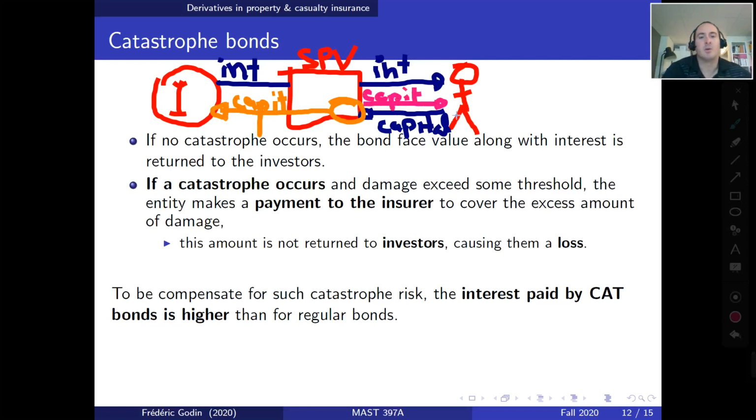Sorry. So here, if there's a very high damage to policyholders, this deal will be profitable to insurers because they will have paid interest, but they'll have received a higher amount of capital. Okay, so we see that for the insurer, this deal makes sense.